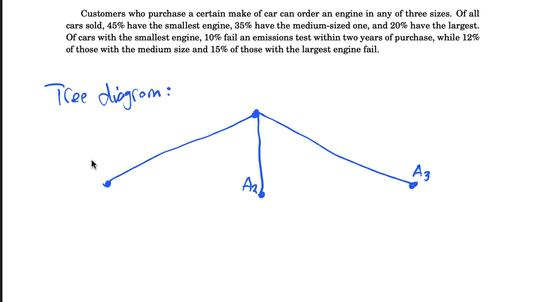So here we've got A1. And what we can do is actually label this branch with its probability. So the probability that a car has a small engine, that's the 45%. So you can put that probability on that branch. And then there's a 35% chance of getting one with a medium size. So put your 0.35 there.